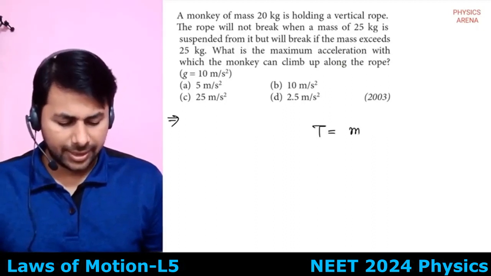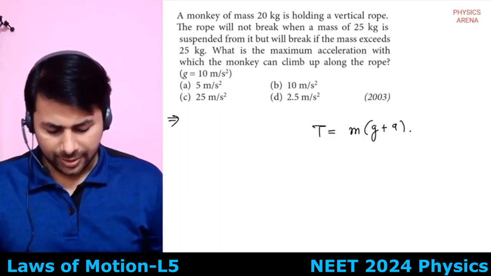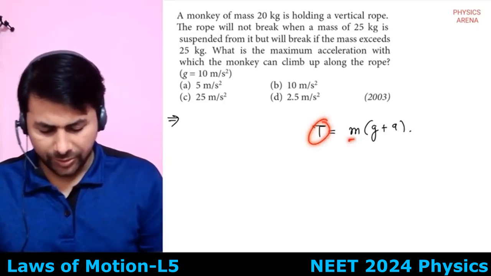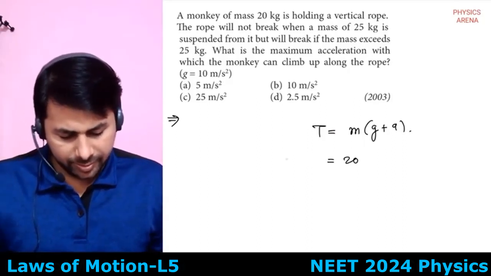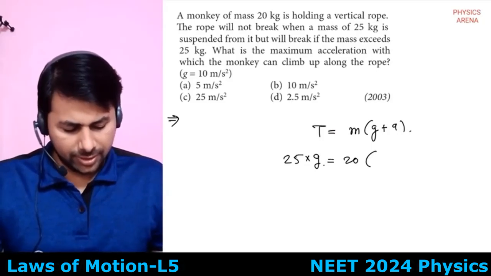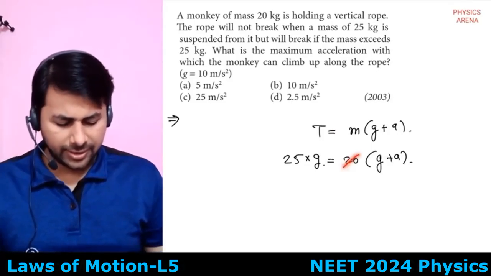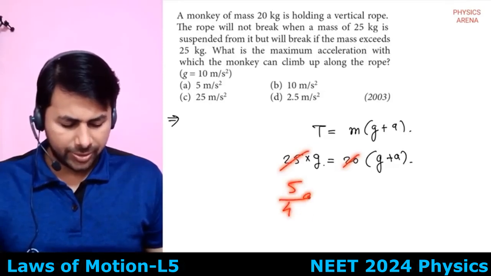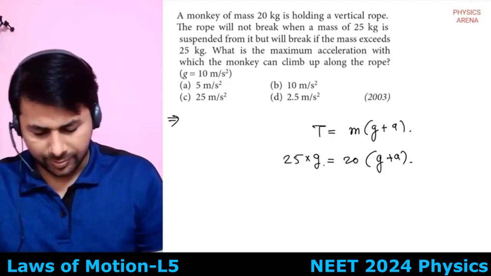T is equal to m times (g plus a), right? And m we know is 20, and this is 25 multiplied by g. So 25 g equals 20 times (g plus a). We can divide this, so this will be 5 by 4 g is equal to g plus a.